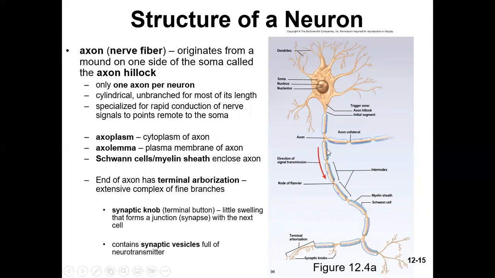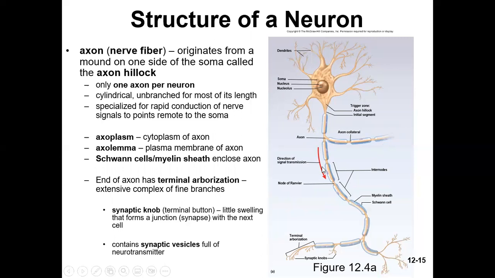Again, we'll have one axon per neuron. They can be cylindrical and unbranched for most of the length, but sometimes, again, they might have a collateral coming off of it. The axoplasm is the name we give for cytoplasm that is contained within the axon.